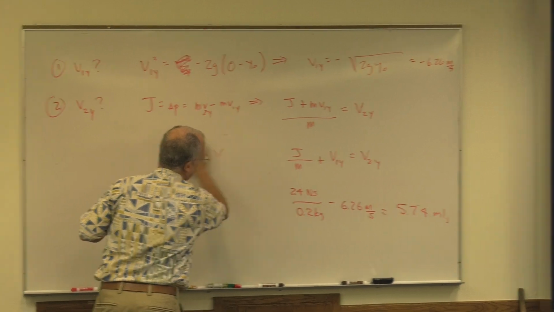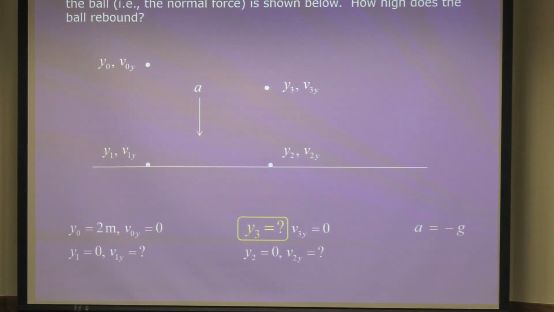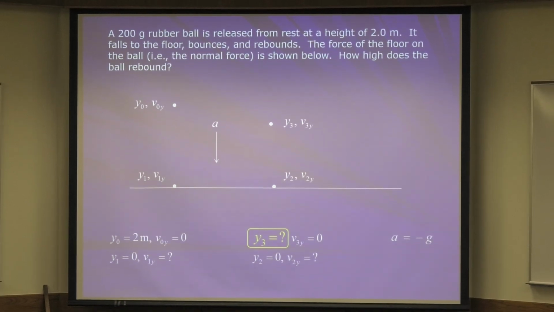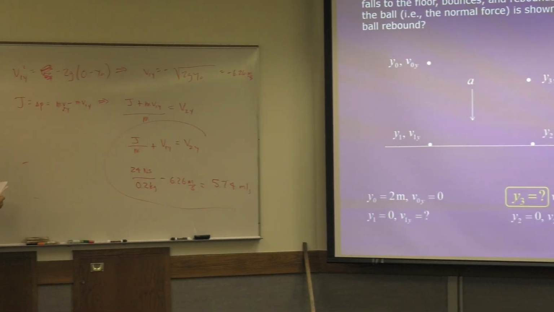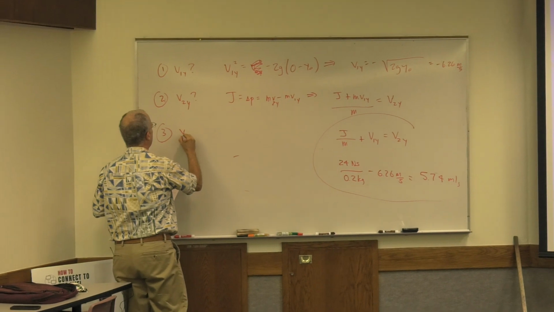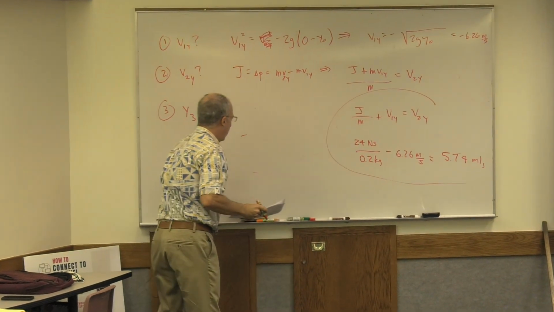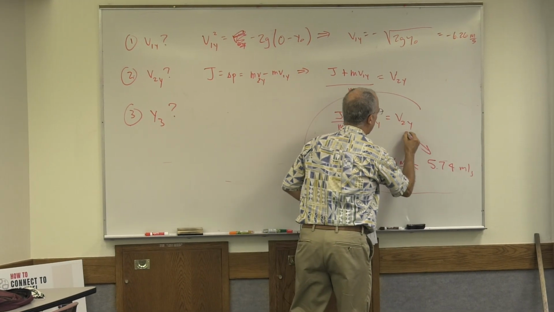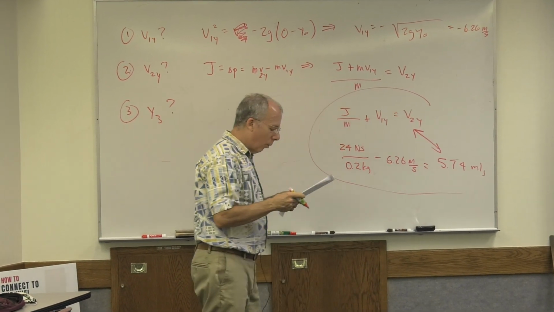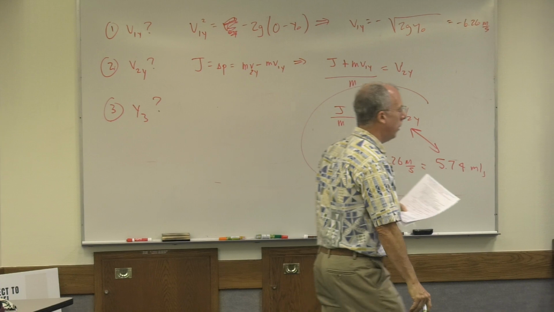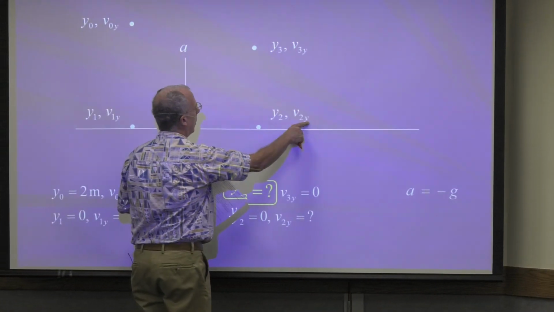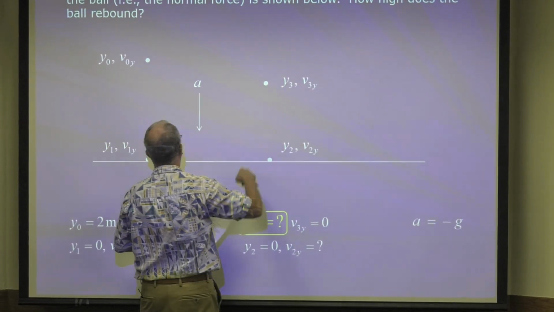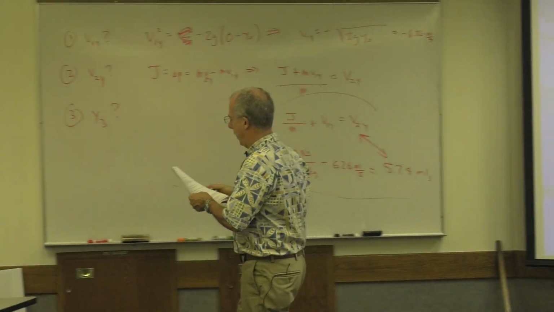So let's do that. Now we can finally calculate y3. We know this velocity, we know this velocity, it's free fall, we know acceleration, we just want to find the height, so it's that third kinematic equation again.